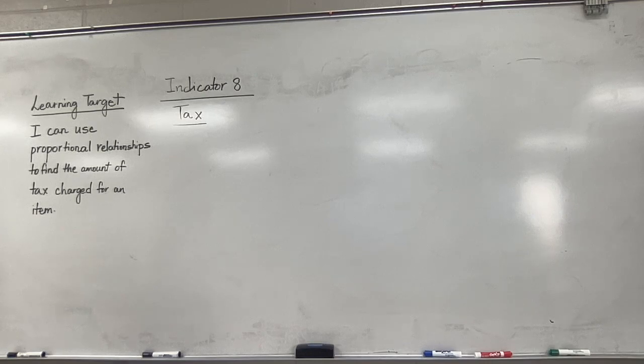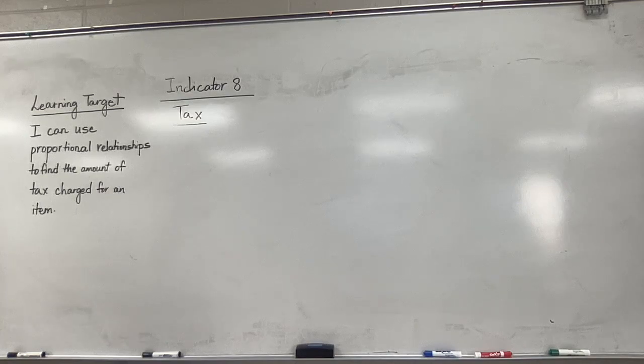Now, sales tax is a state or local tax that is added to the price of an item or service, and the total cost to purchase an item is the selling price plus the sales tax. Again, the sales tax varies depending on the city or state in which you live.